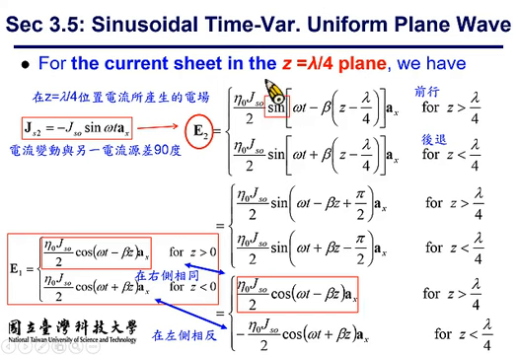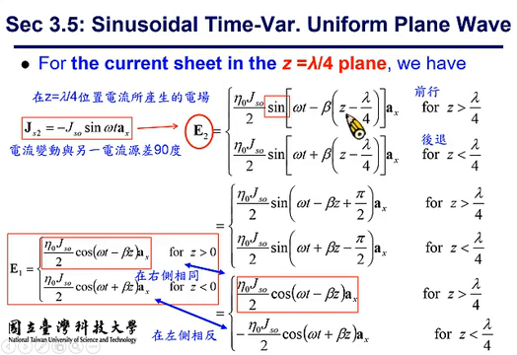Note the position: because the second current sheet is centered at z equals lambda over 4, in the description of position z should have this offset. So here you see z minus lambda over 4 describes the center position of this current sheet.